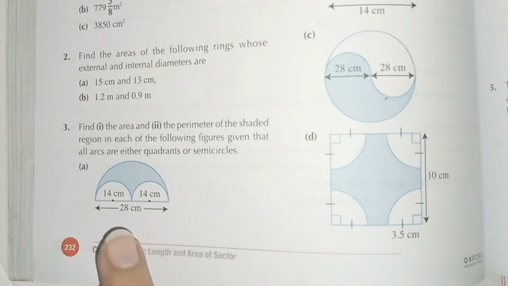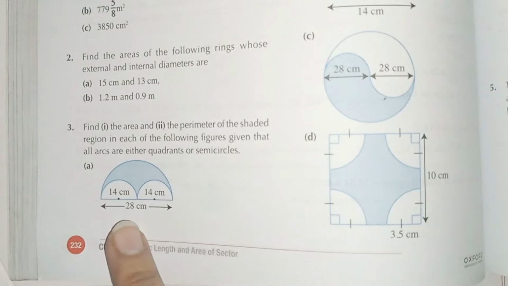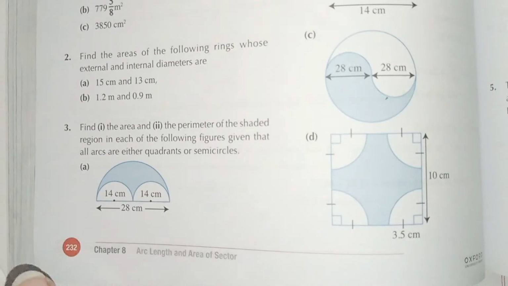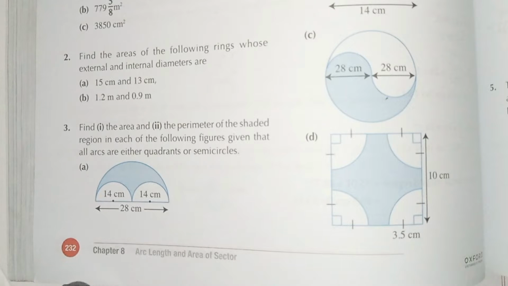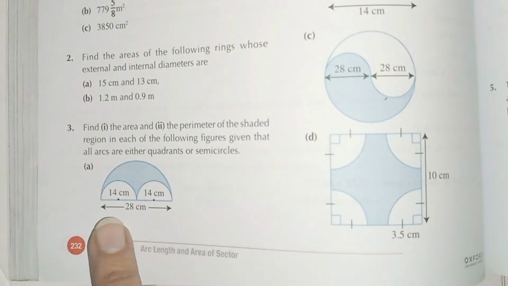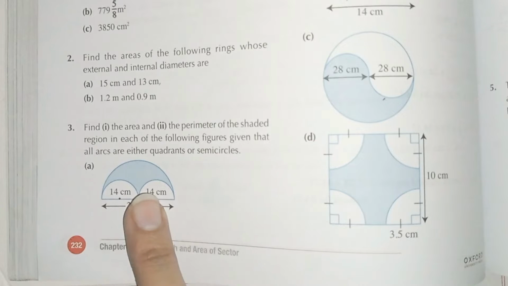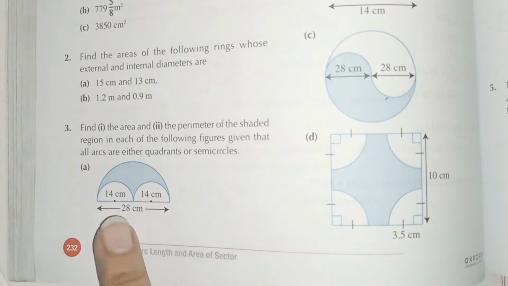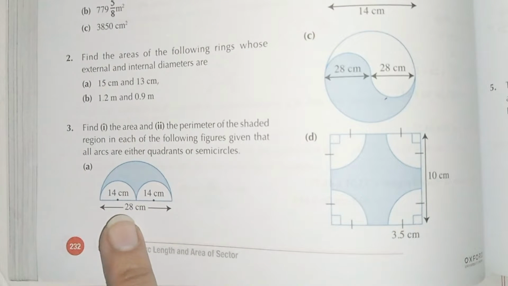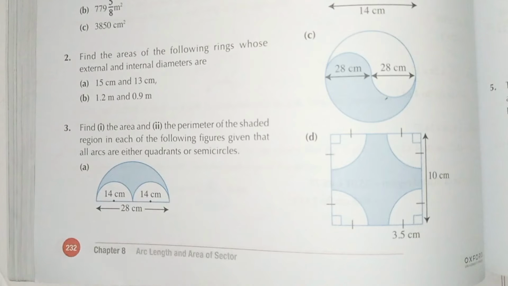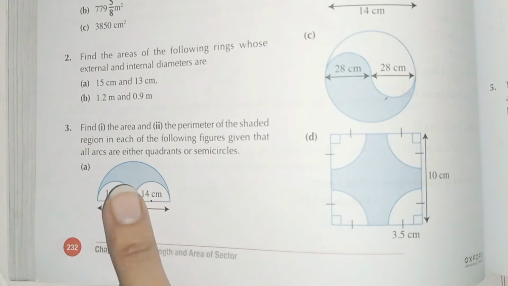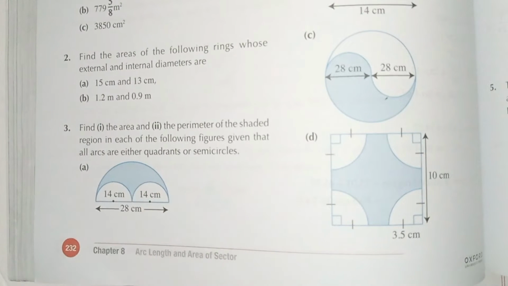First we have to find the area of the larger semicircle, and then the area of the smaller semicircles. We subtract both smaller semicircles from the largest semicircle, and we get the area of the shaded region.